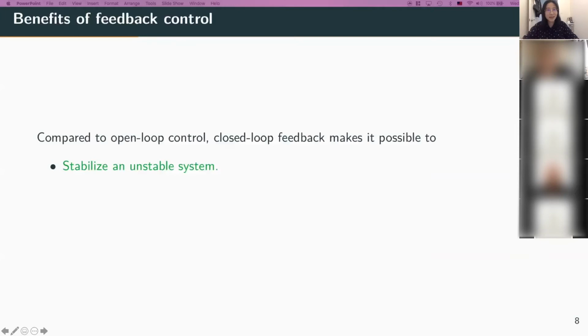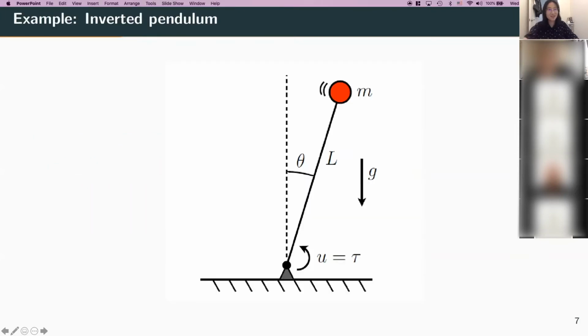Then you measure the angle again, you give it to the controller, and the controller will calculate how much it should move the cart to put your pendulum back into the inverted position. This form of control, closed loop feedback control, will give us a more robust and less sensitive result in terms of stabilizing the system.